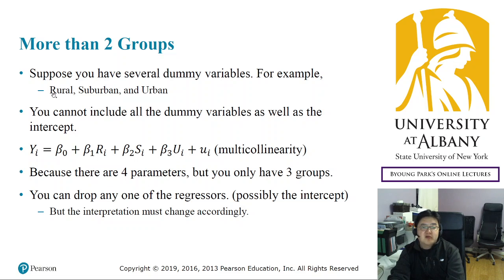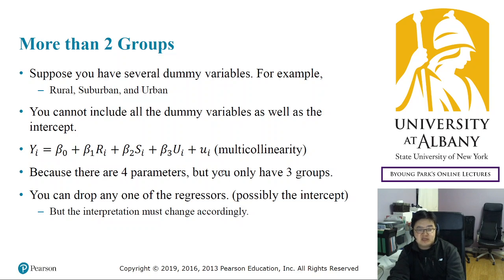And as before, you cannot include all these dummy variables at the same time, as well as the intercept. It is not possible. So intercept, rural, suburban, and urban, it is not possible.